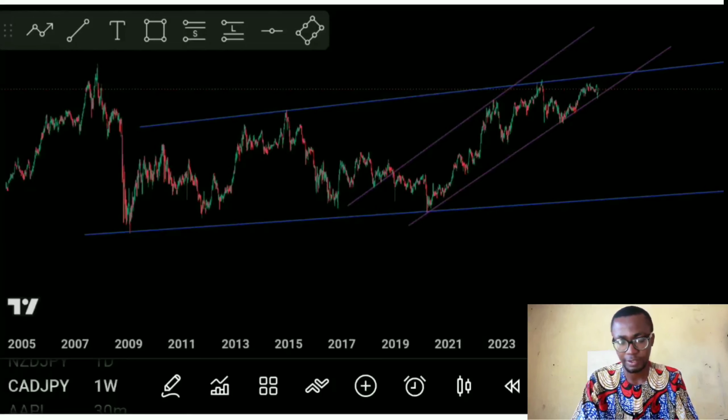Now, if you look at this trend line that is facing up, it's an uptrend. Look at something. I like how this 1 week is an uptrend. Look at what is going on here. This is an uptrend, right? Let me bring it like this.